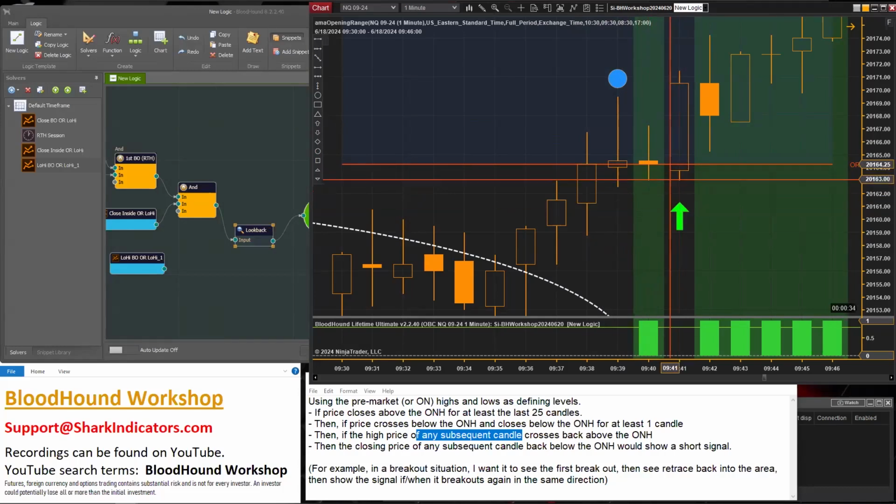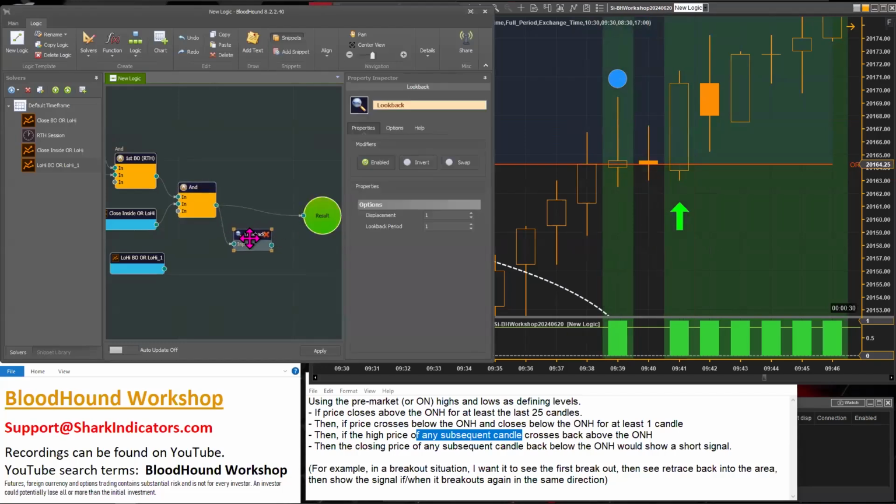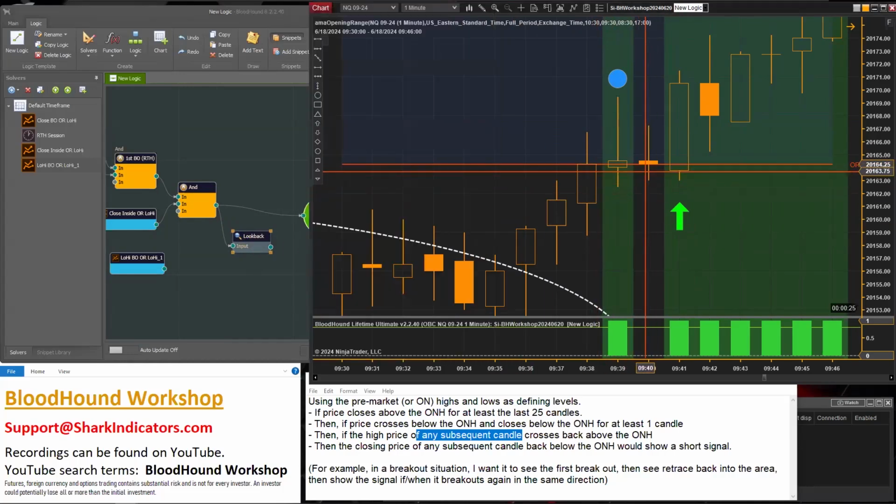So when this wick is outside, the close is inside. And that's why, let's go back here, I removed our look back again. So this is the subsequent candle here, but there's no long output. So even though the wick did close outside, we don't actually have a signal here.